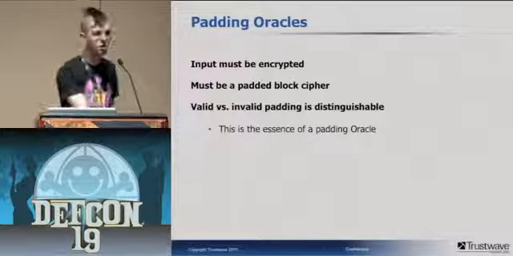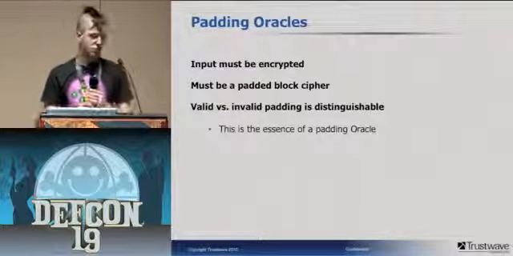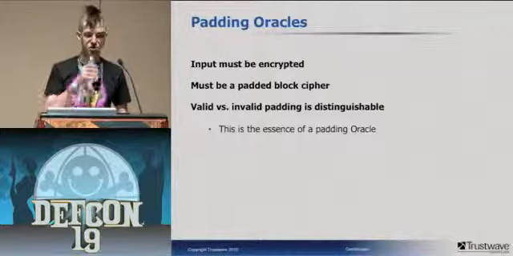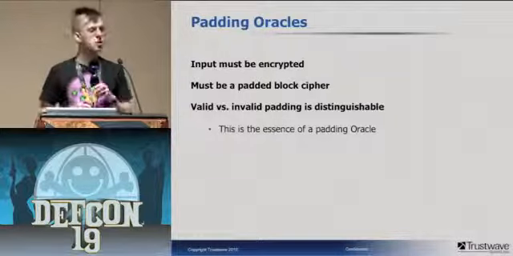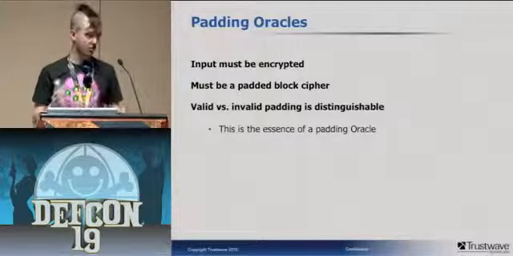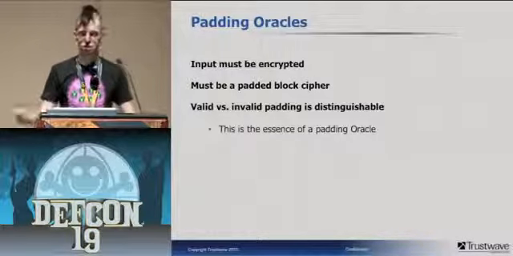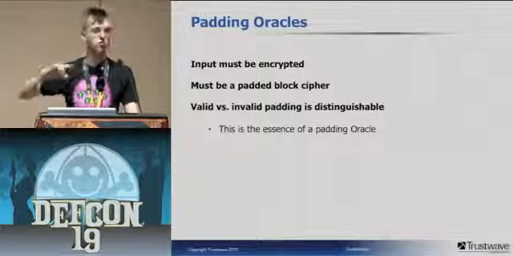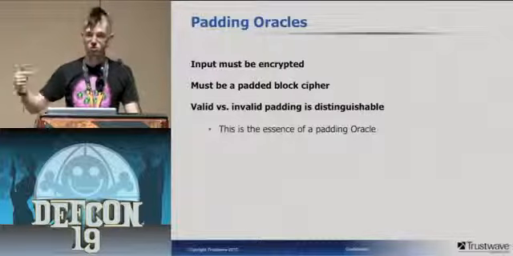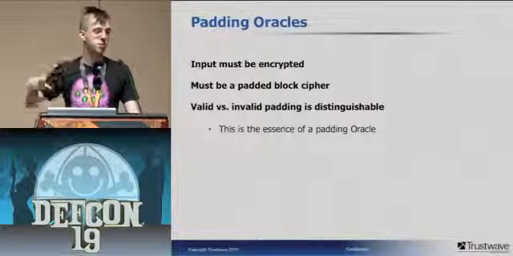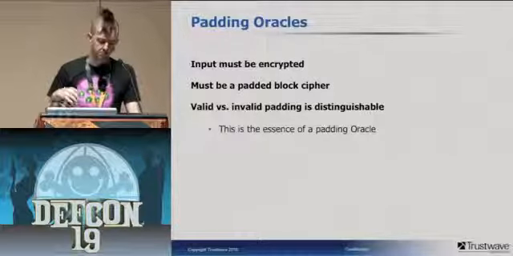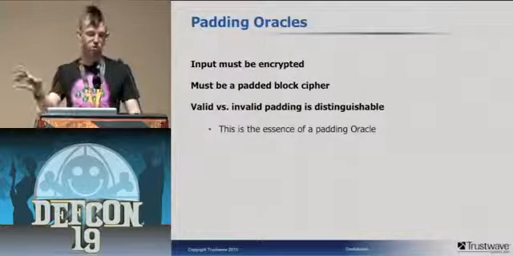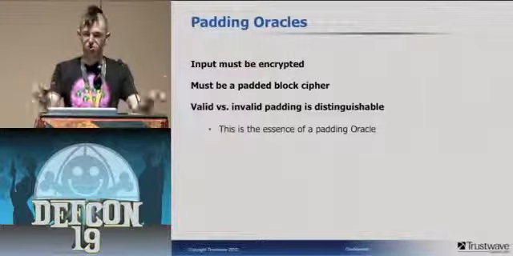Now, I know that with a padding oracle, you can do all sorts of crazy things, and you can take over an old ASP.NET installation. But really, all a padding oracle allows you to do is to tell whether or not the padding was actually valid. Now, in the case of cipher block chaining mode, the ciphertext for each block in a block cipher is used as the initialization vector for the next one, so as to prevent repetitive plain text from producing repetitive ciphertext, to remove any sort of distinguishable patterns that might allow you to see that this is this message and this is that message when they're encrypted.